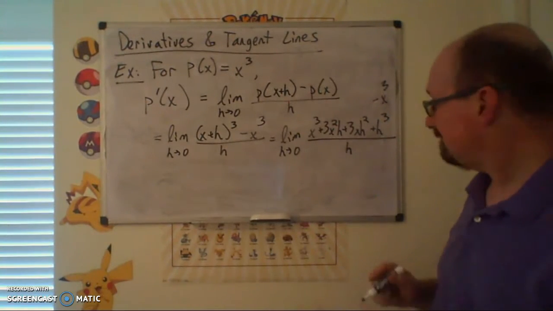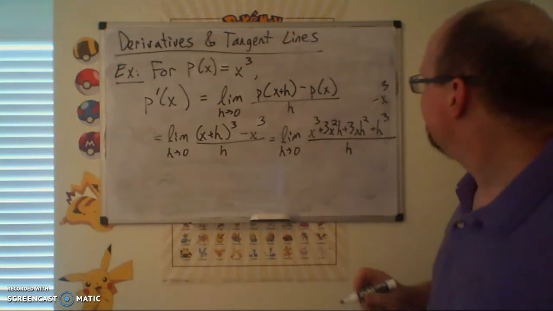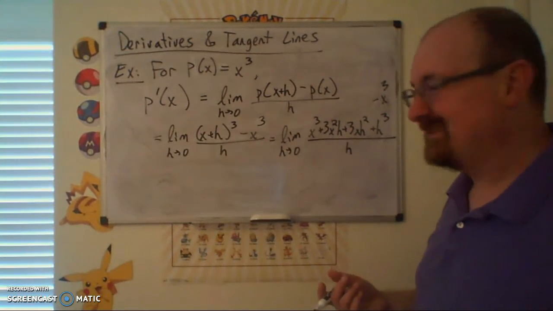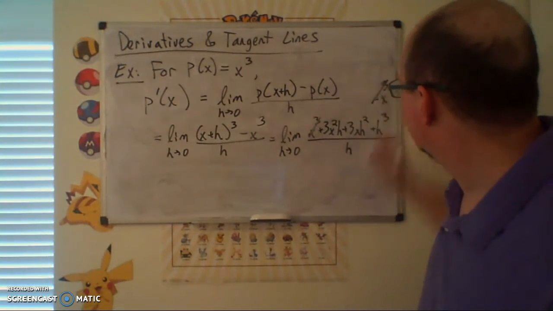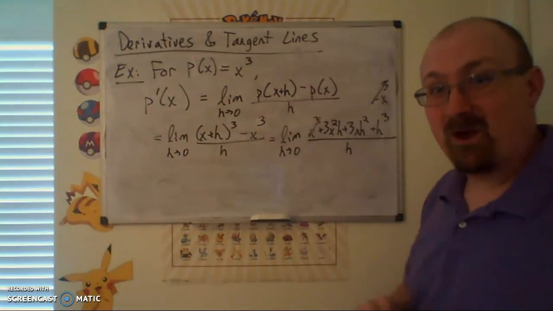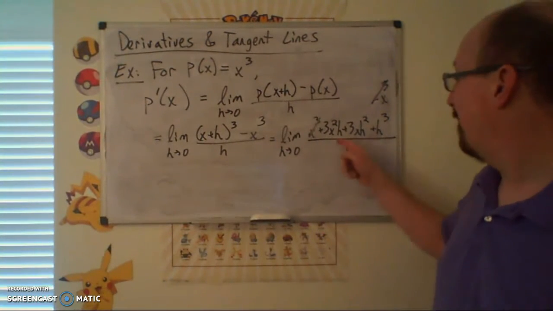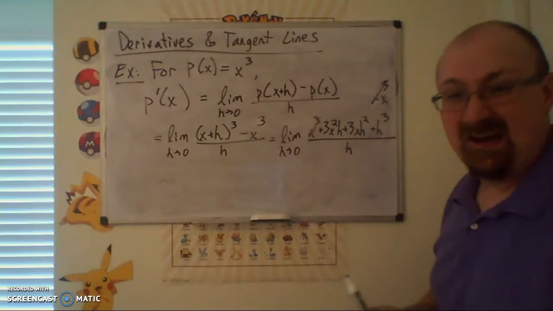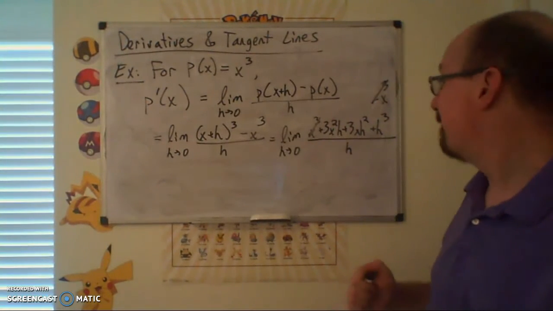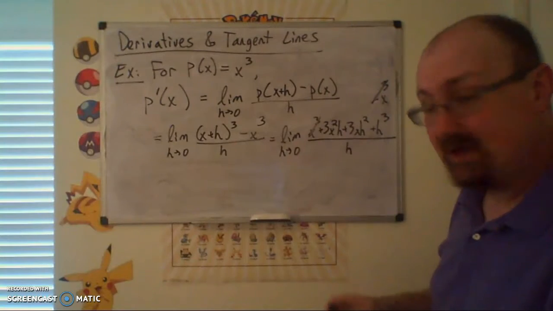So hopefully that's clear. In any case, there's a lot of stuff here. Does it clean up? A little bit. x cubed minus x cubed, so that stuff's gone. Kind of like what we saw in that quadratic example in the previous video, though, it's actually even easier to see here because we're not having to mark stuff out of the middle. Those three terms that remain, every one of them has an h, right?